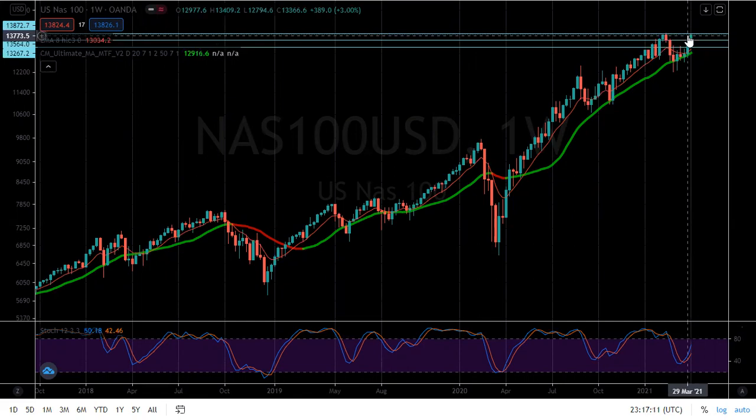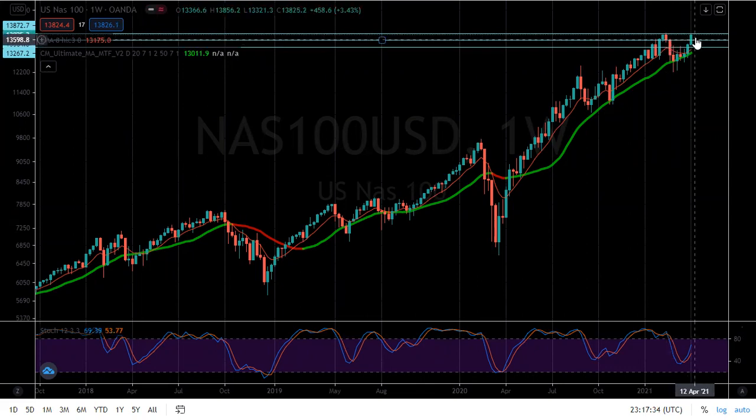So I expect price to break this zone at the 13872 area. I was looking forward to seeing price get to this area, the 13574 area. We got way beyond that to the highs here.